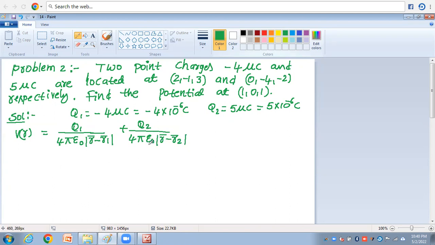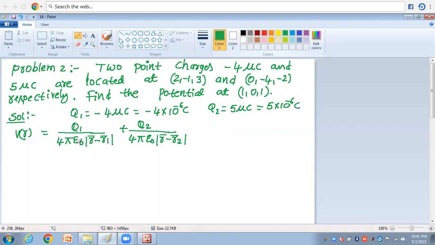Okay, so there are 2 points. The first point is 1 comma 0 comma 1, then 2 comma minus 1 comma 3; another is 1 comma 0 comma 1, then 0 comma minus 4 comma minus 2. Now calculate one by one. No need to take the constant term, it is 0.